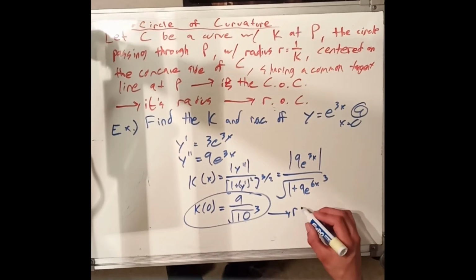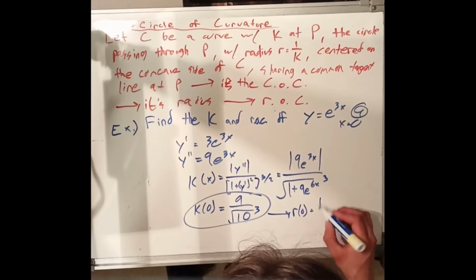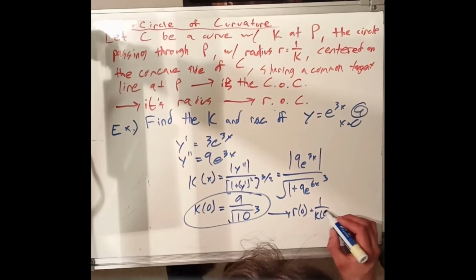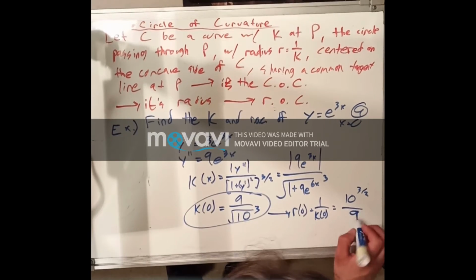And then the radius of curvature at 0 is equal to 1 over the curvature, which equals 10 to the 3/2 over 9.